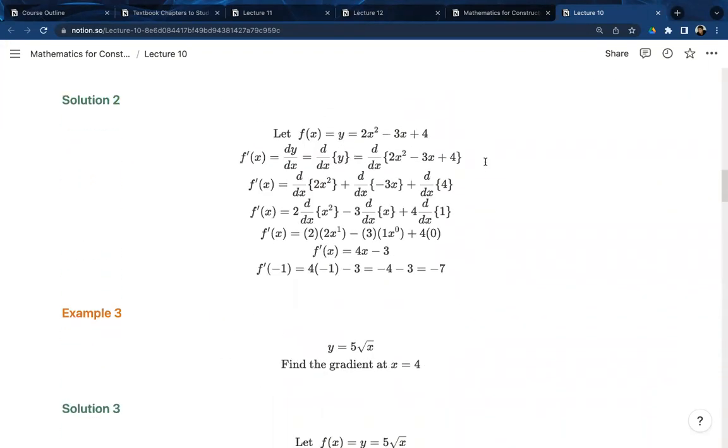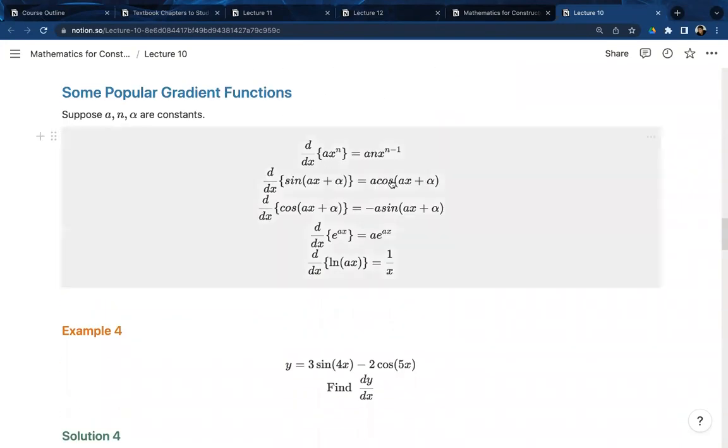Right, I'm here. If you differentiate ax to the power n, the first thing to do is multiply the entire function by the power n, so anx. And the second thing to do is to decrement the power. So if you apply those rules in the reverse order, that's how you undo it.